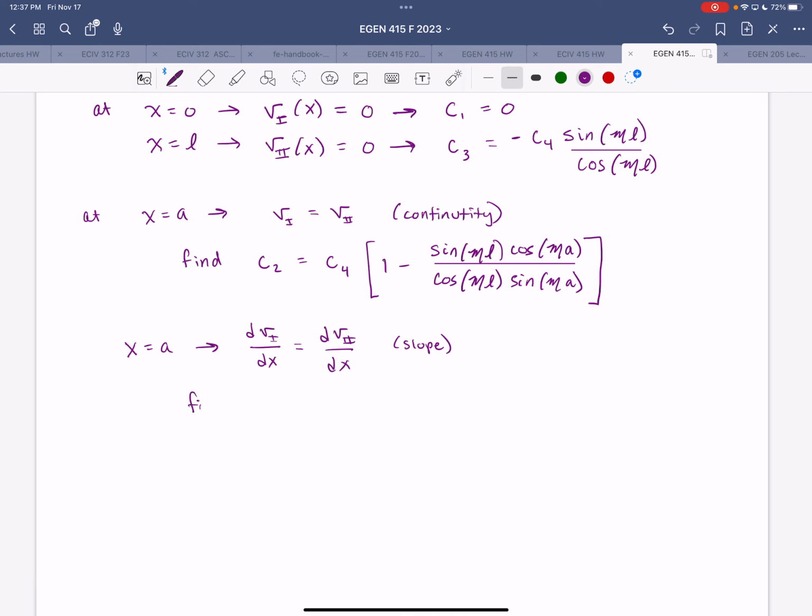So from that, we will find constant C4 is equal to negative, in brackets, cosine of mL times sine of ma divided by sine of mL, and that gets multiplied by F over mP, and those are all lowercase m's.